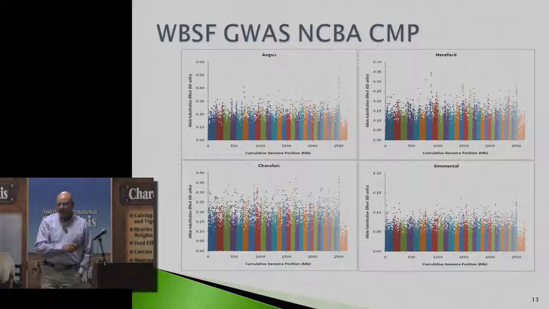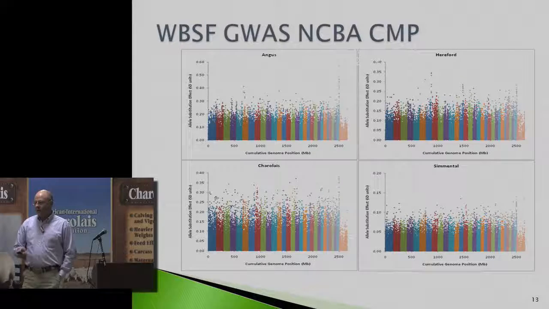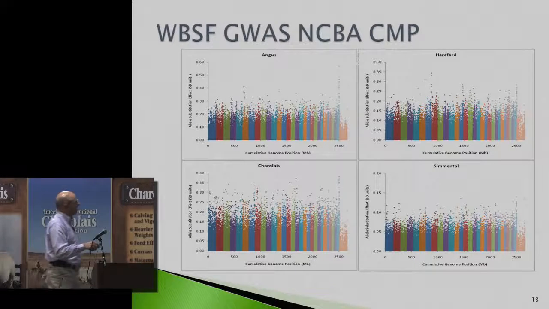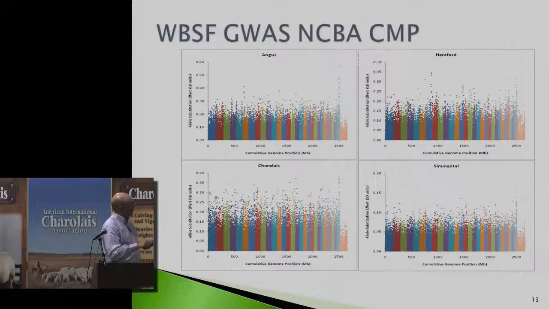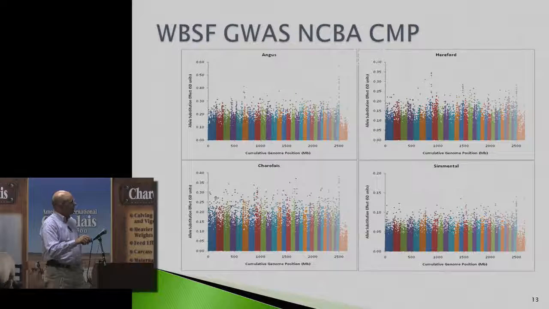One of the things that's really important to understand is that there's lots of variation, and the variation is not the same across breeds. This illustrates some work out of Dr. Taylor's lab. I'm pretty sure this was Matt McClure's work, using SNP50 data generated off of animals involved in the NCBA Carcass Merit Project for Warner Bratzler shear force.